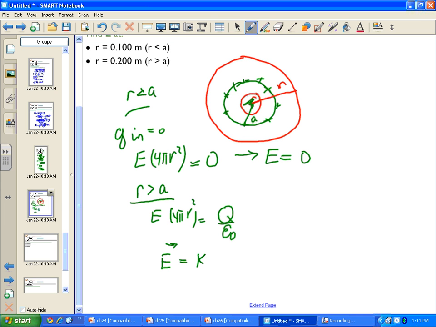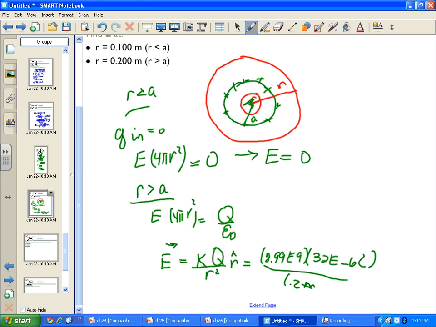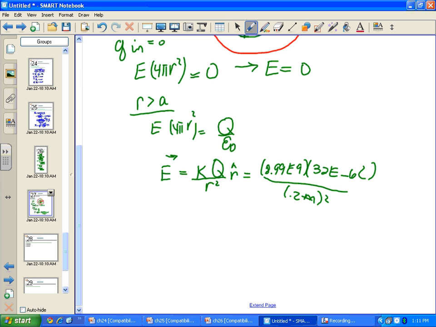E equals k Q over r squared in the r hat direction, 8.99 e to the 9 times 32 e to the minus 6 divided by 0.2 meters squared, which is the radius of our Gaussian sphere, and we get a value of E equal to 7.19 e to the minus 6 Newton per Coulomb in the r hat direction.